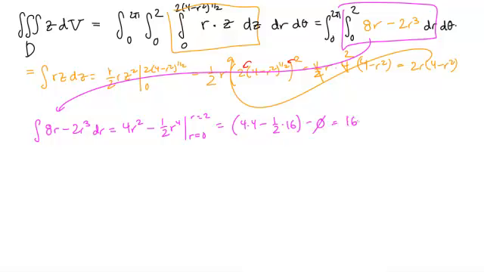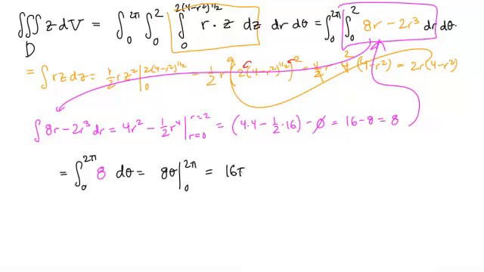And so that'll get us 16 minus 8, or 8. And so finally, our last iterated integral is going to be the integral from 0 to 2 pi of 8 d theta. That gets us 8 theta, evaluated from 0 to 2 pi, or 16 pi minus 0. And so that gives us a grand total of 16 pi units of mass.